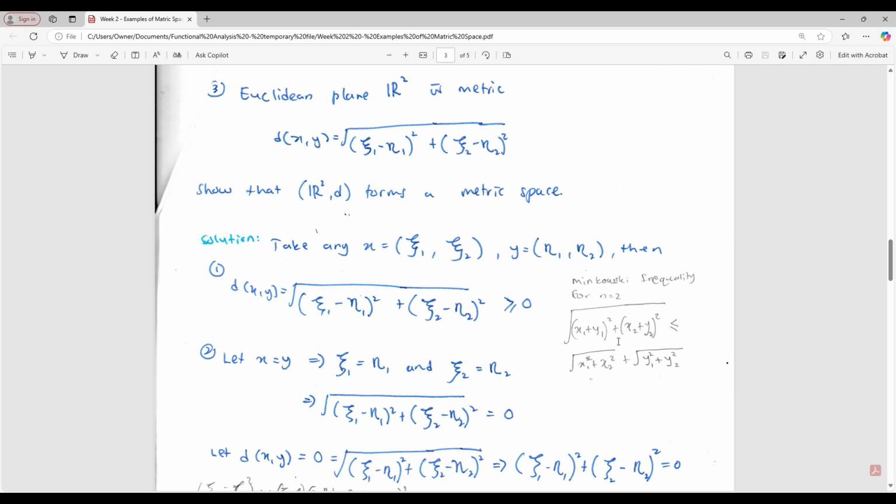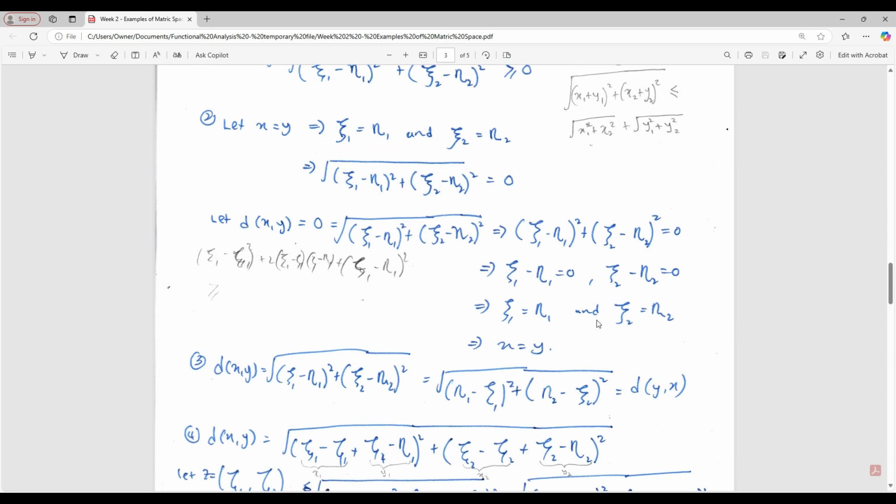It says that the square root of (x1 plus y1) squared plus (x2 plus y2) squared is less than or equal to the square root of x1 squared plus x2 squared plus the square root of y1 squared plus y2 squared. In the last video I gave you the general case for any n. You can limit yourself to n equal to 2, and I ask you to try it for infinite dimension. The proof is quite similar.